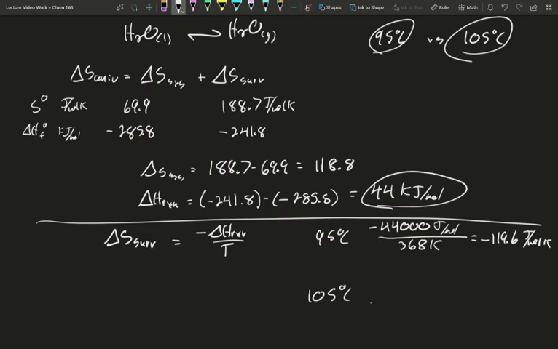At 105 degrees, however, negative 44,000 joules per mole over 378 Kelvin is going to be negative 116.4 joules per mole Kelvin.